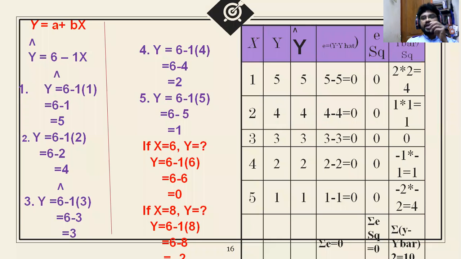You can understand it easily. For example, if you take demand and price, I'm going to give you an example. Here x is considered as price and y is demand. When the price of the commodity increases, the demand is going to fall. If you increase the price from 5 to 6 rupees, y is equal to 0.